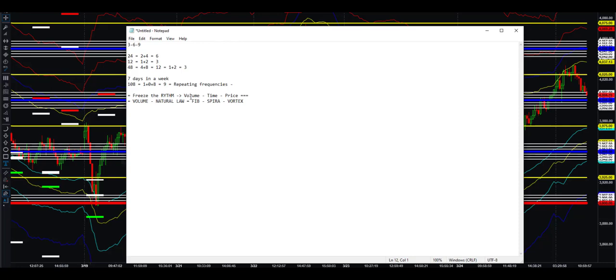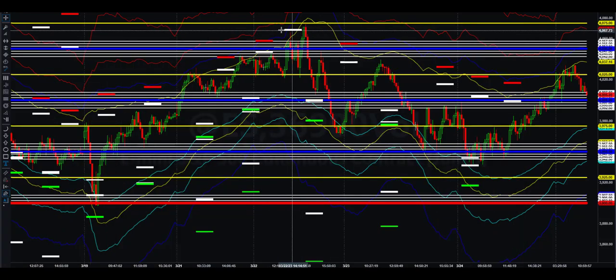So what is left behind that? If I freeze the volume with natural law, I can use these basic counting techniques and apply them on time. I can take the highs and lows and apply the natural laws on the pricing forecast. This is what these small numbers and these lines are.